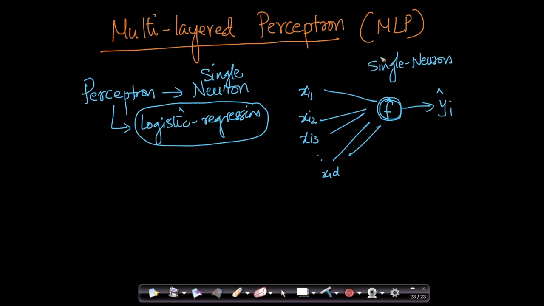So people said, what if instead of a single neuron, I have a bunch of connected neurons, a network of neurons connected like a network? That's where you get the name neural networks, because it's a network of neurons. So people started coming up with simple ideas like this. Imagine these are my inputs: this is my xi1, this is my xi2, xi3, and let's say this is xi4.